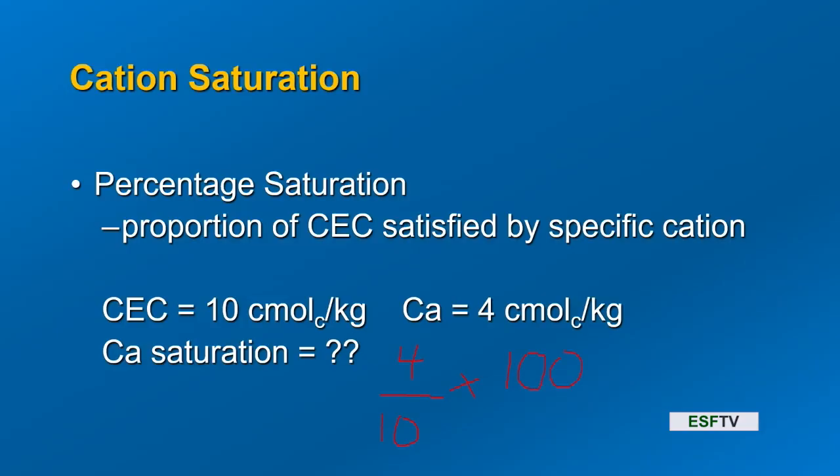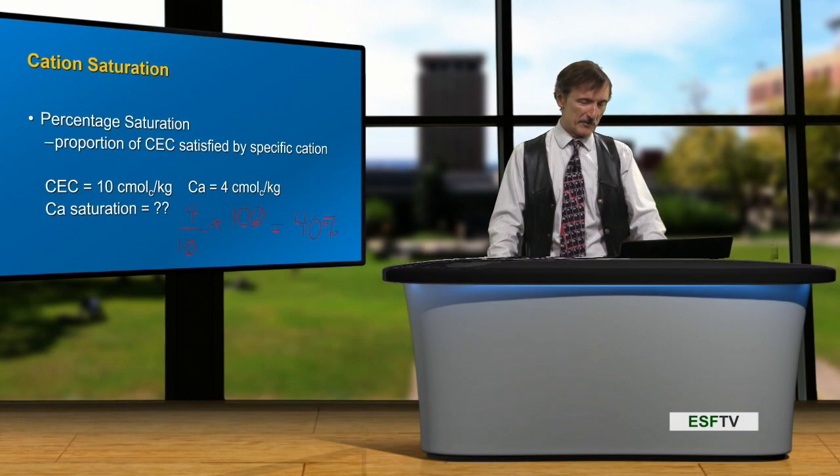Okay, so 4 over 10 times 100 equals, well, that's pretty easy. Cancel these zeros out. 4 times 10, 40%. How about that? All right? So the calcium saturation for this particular sample, 4 over 10 times 100, 40%.